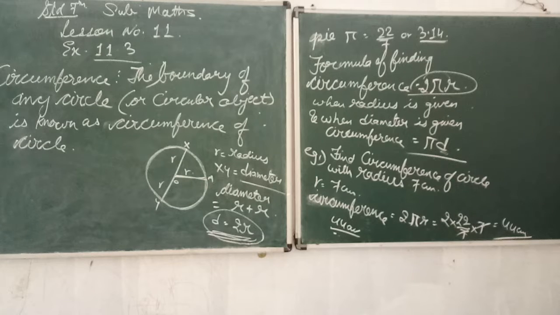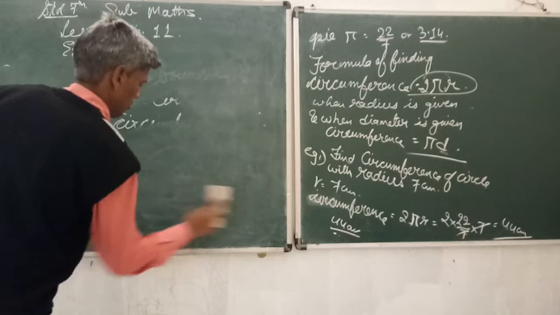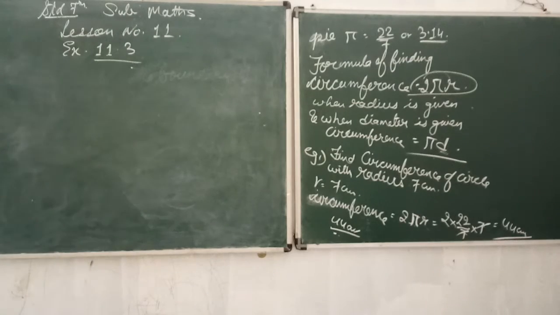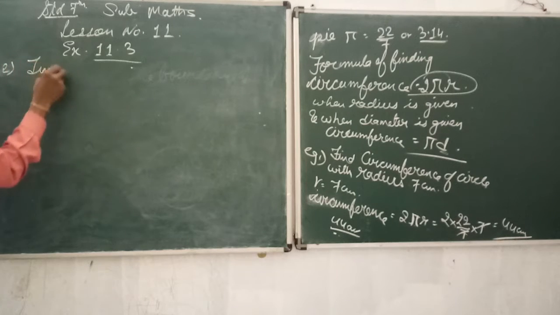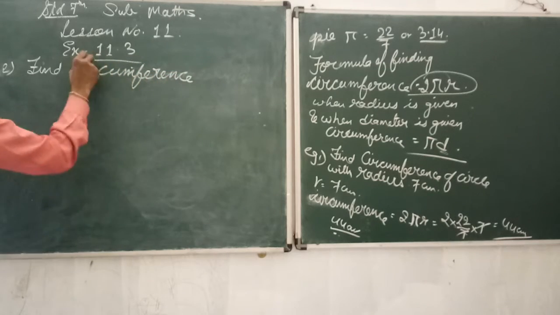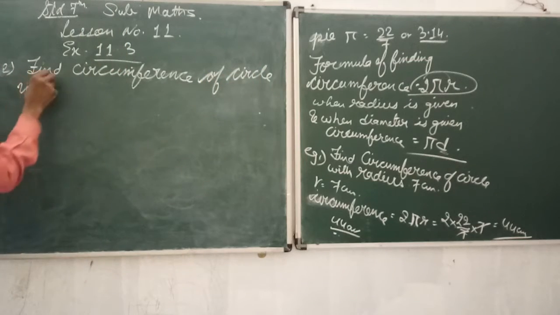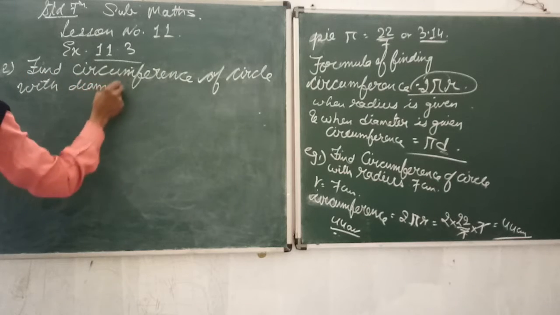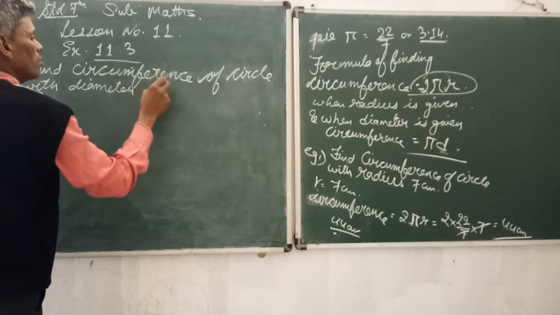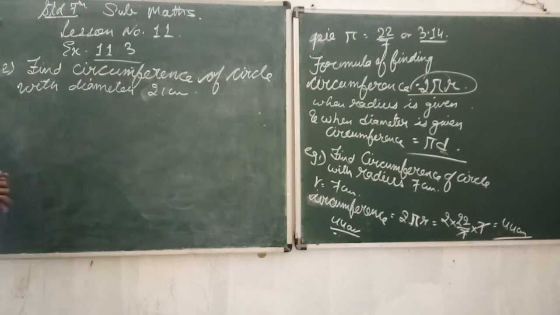Now I'll explain the next example. Find the circumference of a circle with diameter 21 centimeter.